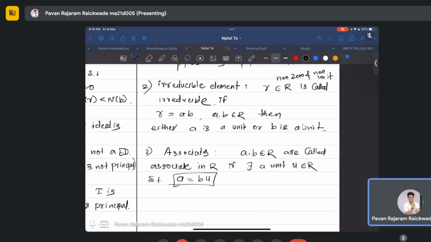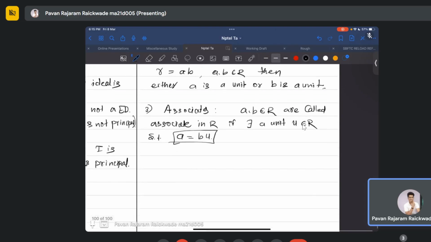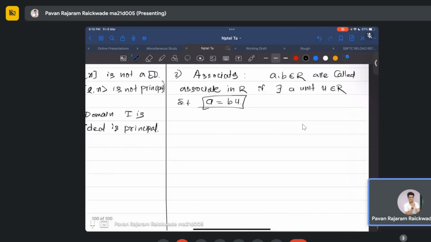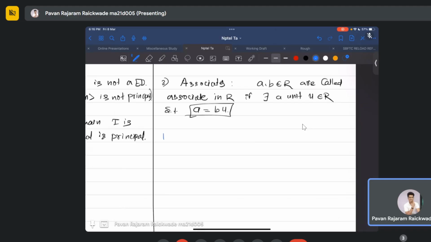That's all; those are the associates. So what is the relation between these prime elements, irreducible elements, and associates? The first relation we observe, a proposition, is that in an integral domain, prime elements are always irreducible.